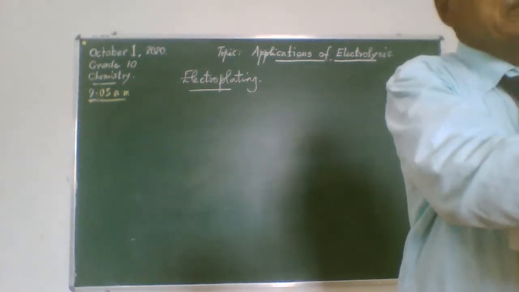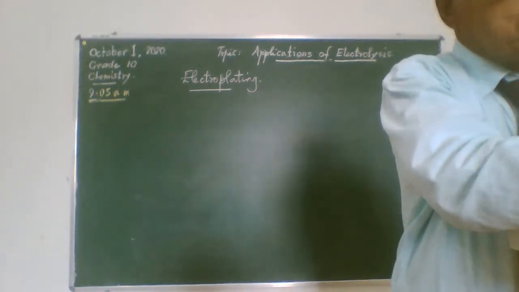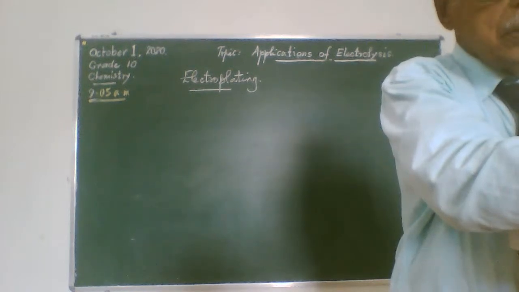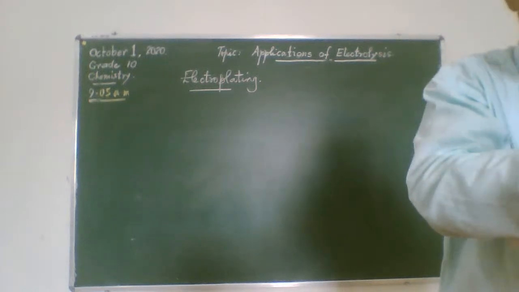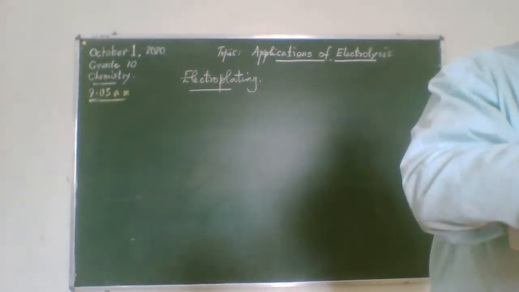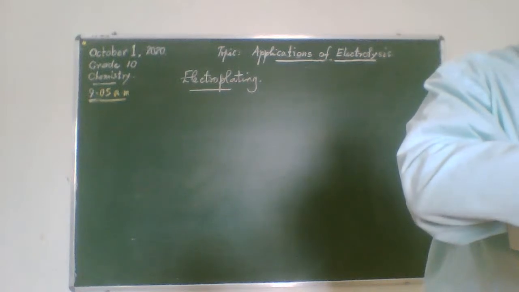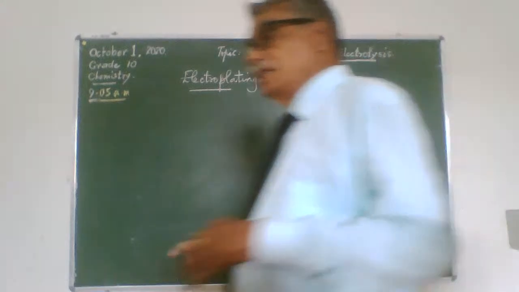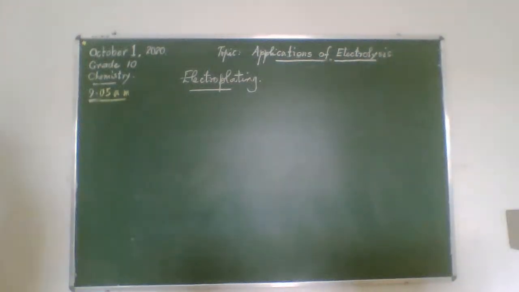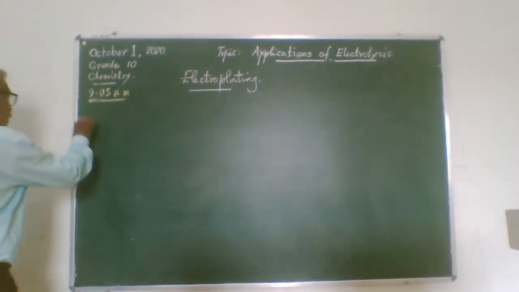What is electroplating? It's a process in which a thin film of a costly metal can be deposited on a base metal.